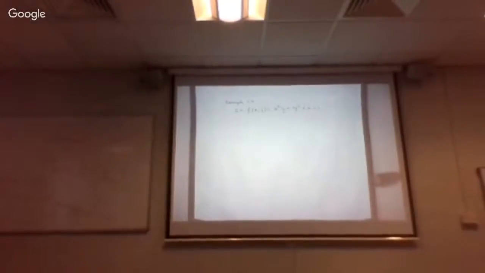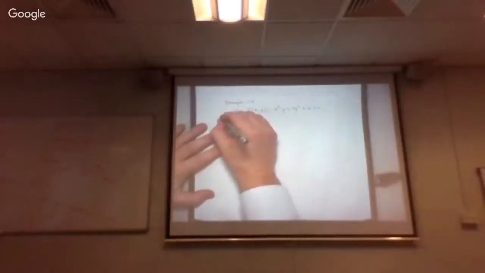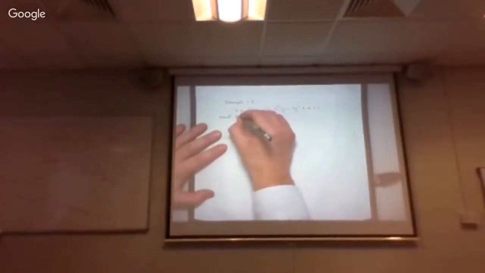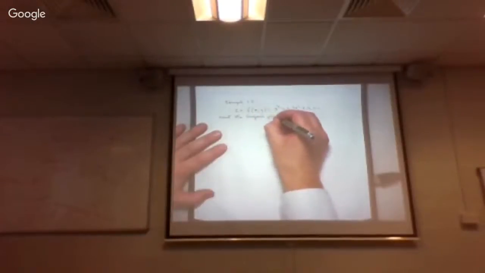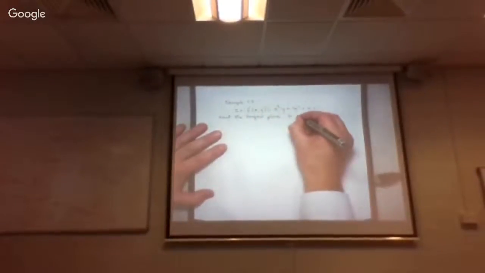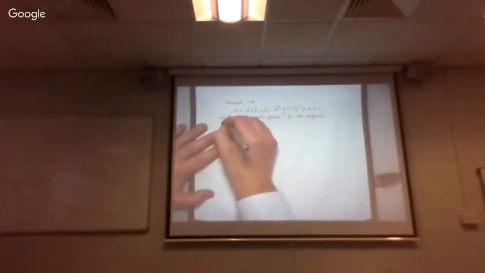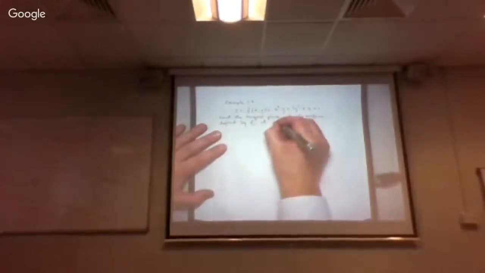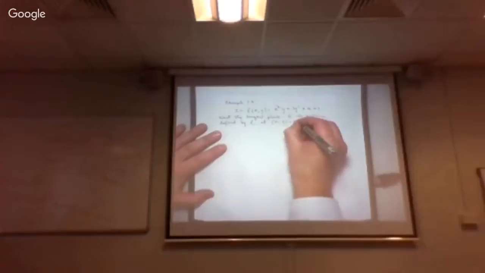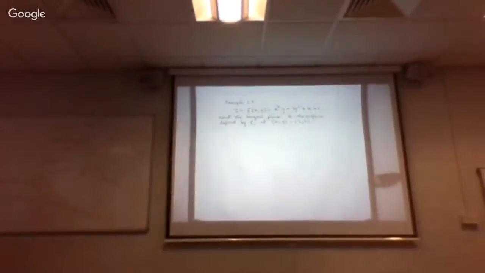And we want the equation of the tangent plane to the surface defined by f, at the base point 2, 3, I think it is. Okay, so I think there's a misprint along the way, so we'll correct that as we go.